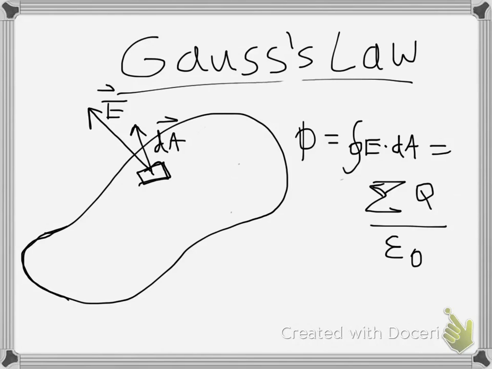This is the sum symbol, so we're adding up all the charges inside and dividing by epsilon naught.